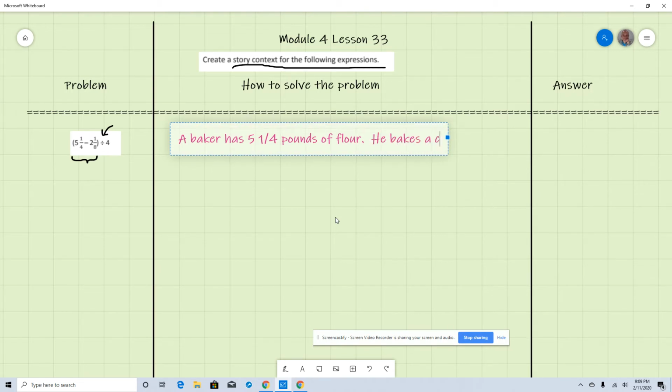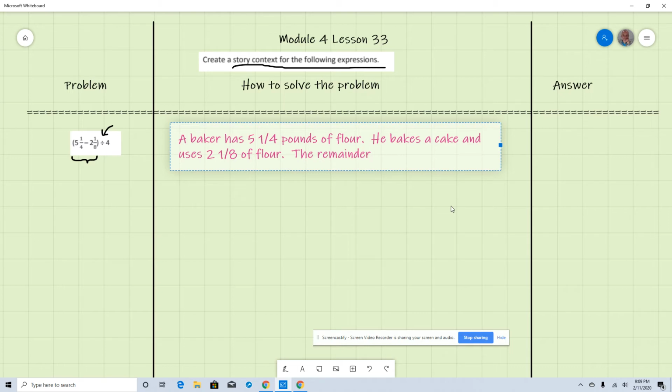He bakes a cake and uses 2 1/8 pound of flour. The remainder, so now I'm right here. So this is taking note, subtracting 2 1/8 from this number, then there's going to be a remainder.